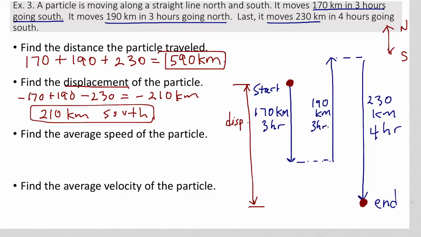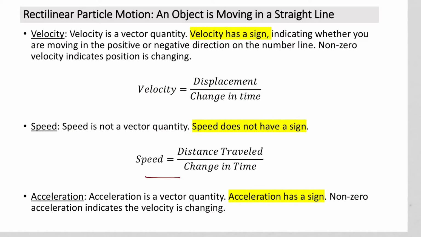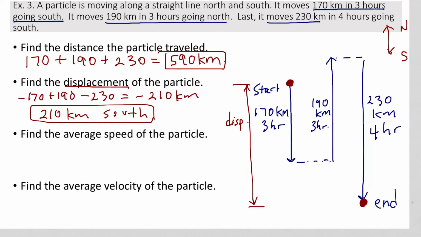All right, the next question said, find the average speed of the particle. So if we go back and look at our definitions page, speed is distance over change in time. So in order to calculate his speed, we want to take his distance and divide it by the time it took to cover that distance. So his distance is this number here, 590 kilometers.